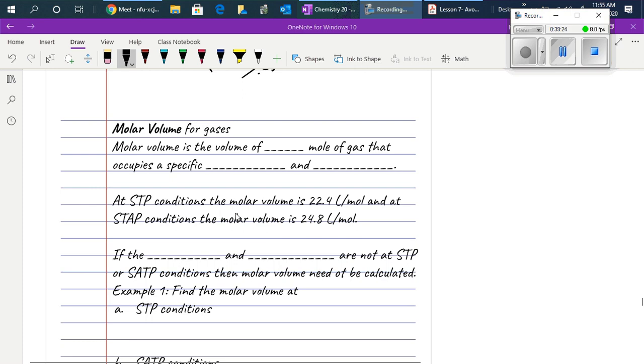We talked a bit about the molar volume of gases when we explained the SATP and STP conditions.